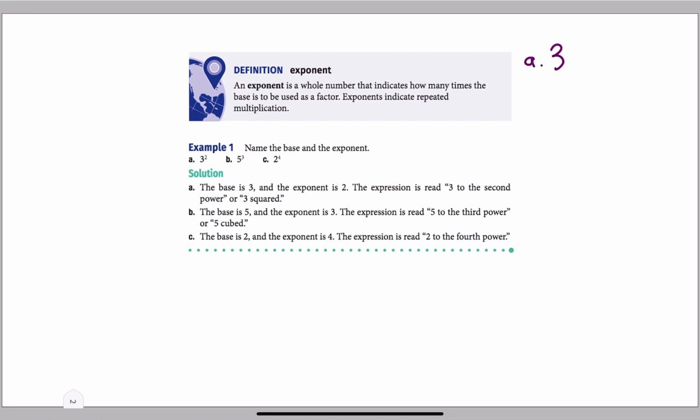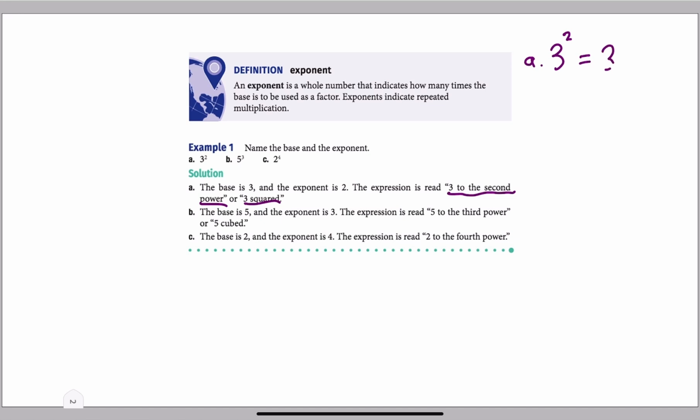3 to the second power. That's how we say this. We say this 3 to the second power, or we can say 3 squared, because what we're doing is we're saying the base is 3 here.